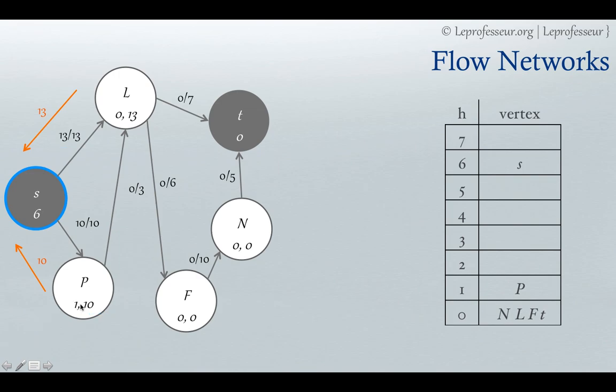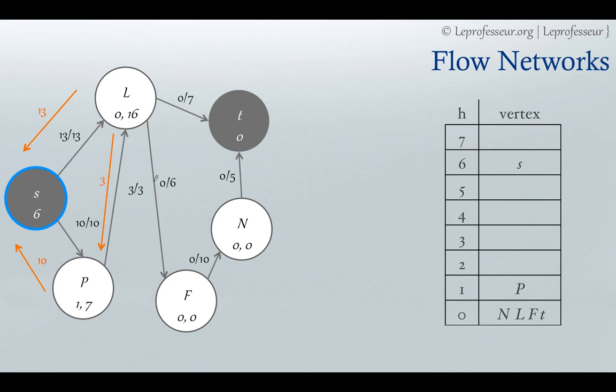After relabeling, its height becomes 1, and as you can see, P moves to a higher altitude, and now P can easily transfer the excess flow value. It can transfer to L, but how much? The capacity of the edge between P and L is 3, so the maximum value it can transfer is 3. So let's push the excess flow towards node L.